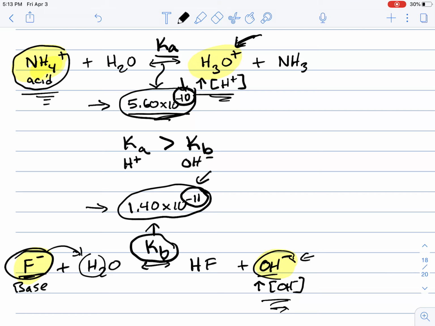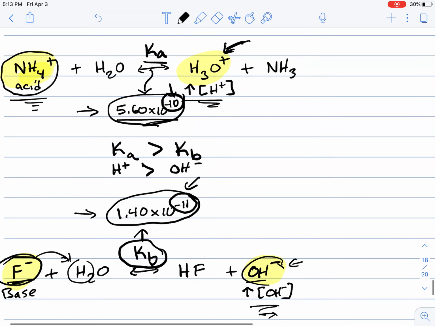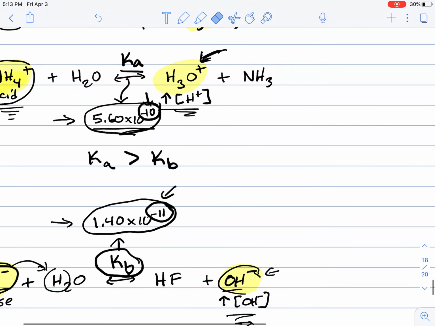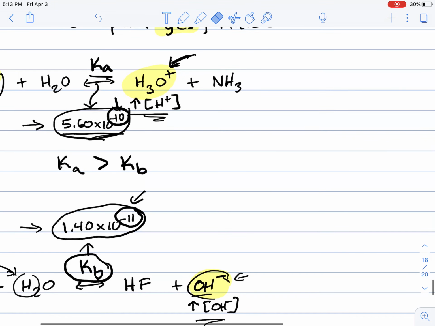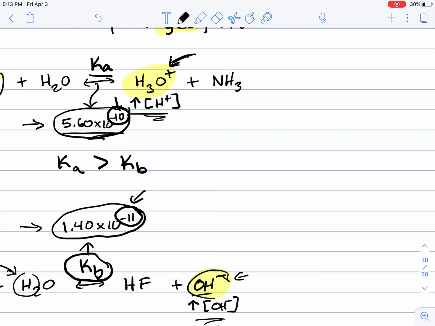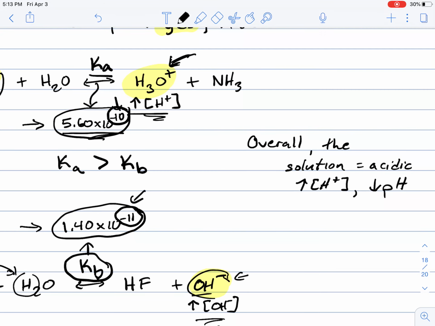And so if we have a greater amount of H plus than OH minus in solution, then we can conclude that overall the solution will be acidic, because there are more H pluses than there are OH minuses, and therefore we should expect a lower pH value.